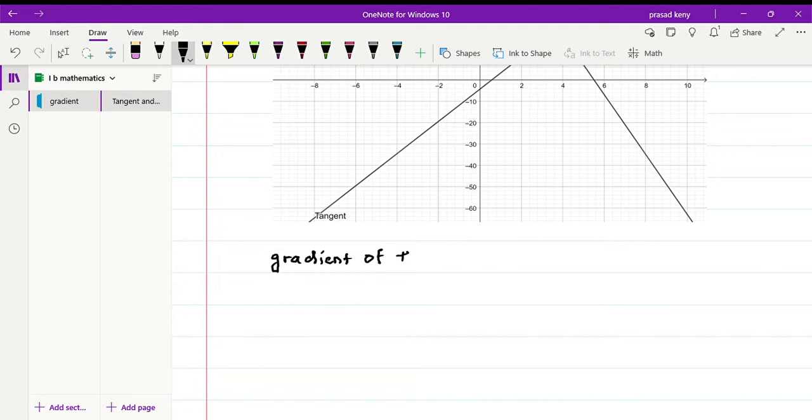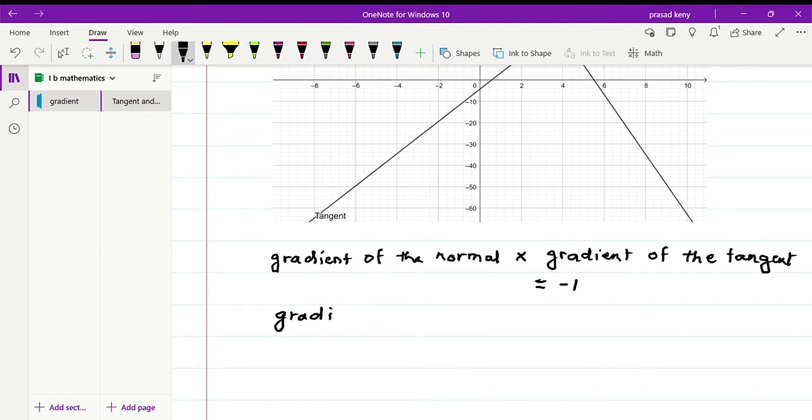gradient of the normal into gradient of the tangent is -1, which will mean the gradient of the normal is the negative reciprocal of the gradient of the tangent.